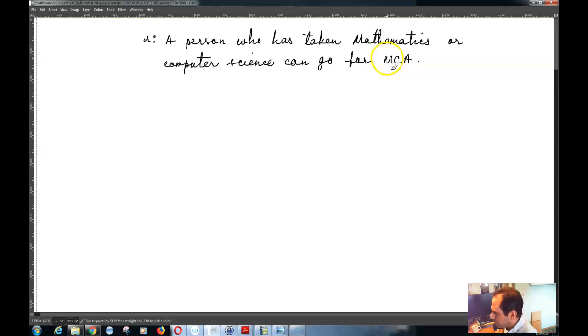MCA is a course in India which is Master of Computer Application.